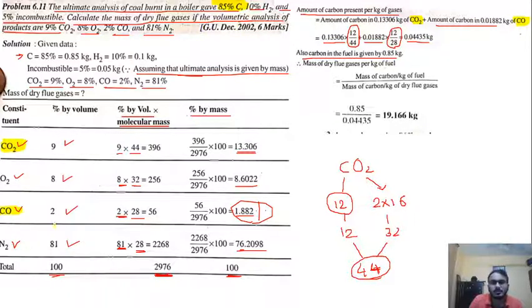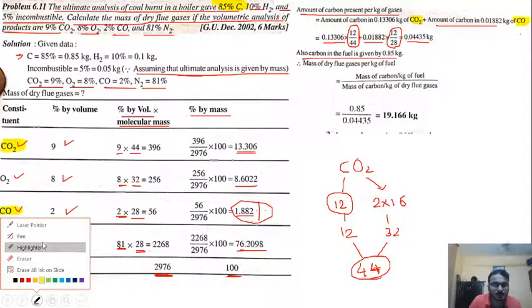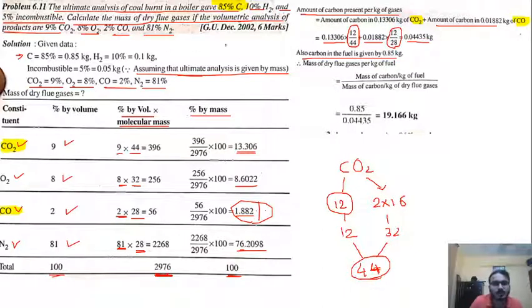So here the ultimate objective is to obtain the mass of dry flue gases per kg of fuel. For that, this ratio is used: mass of carbon per kg of fuel and mass of carbon per kg of dry flue gases.